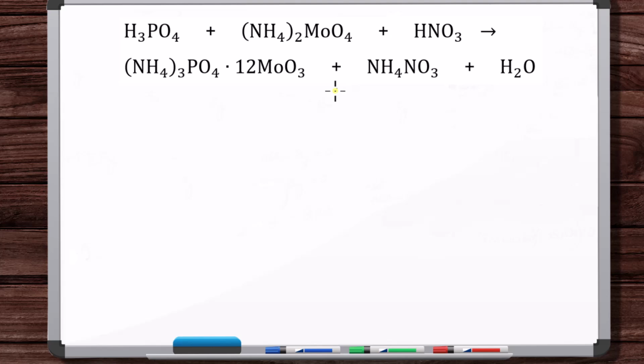If we substituted for the PO4s, NH4s, and NO3s, that's not going to work because we're going to be left with just only oxygens on the product side of the reaction and no oxygens on the left side. So that's not going to work.